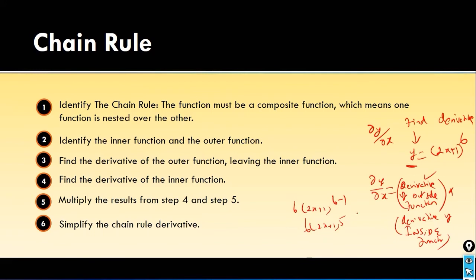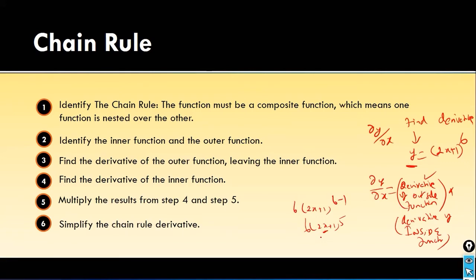The partial derivative of y with respect to x: since we are taking the partial derivative with respect to x, the rest will be considered as 0. So this one will become 0 and go away, and you are left with only the 2x here. The coefficient of x is 2.